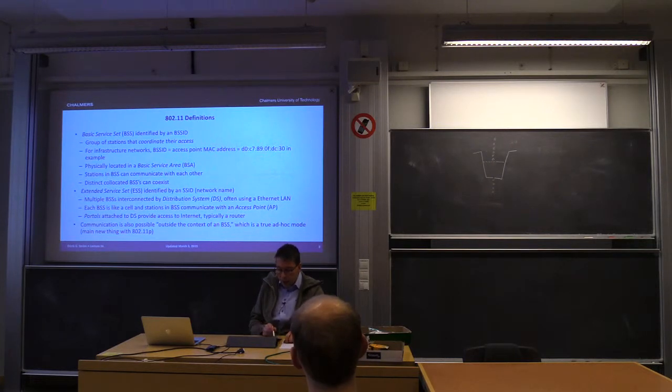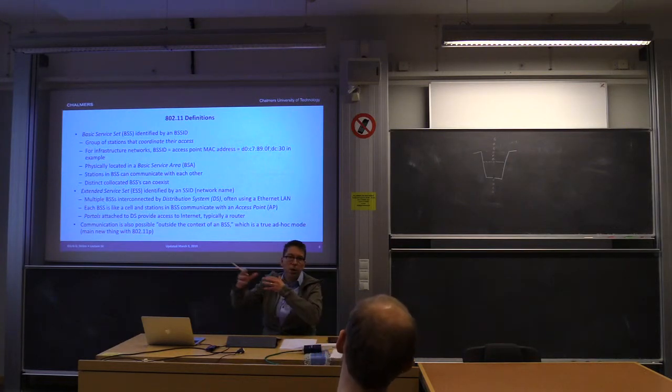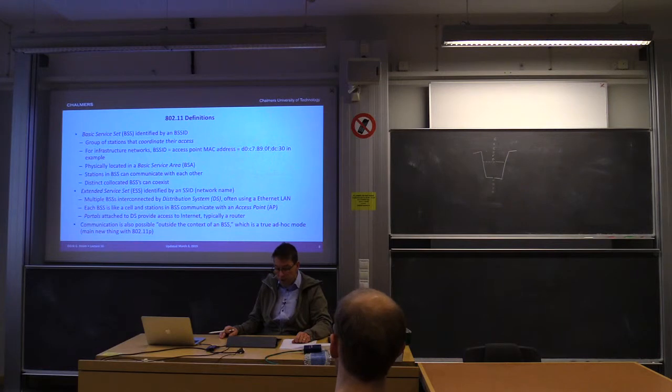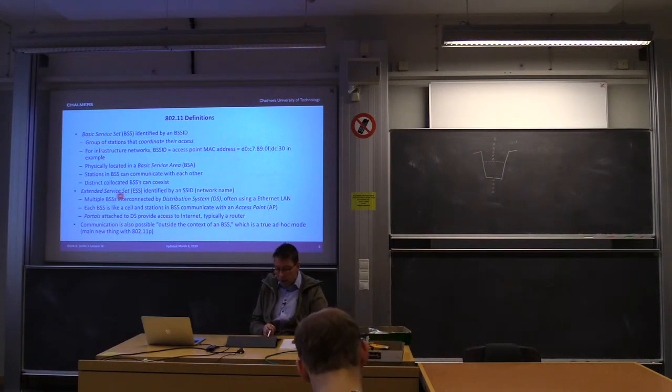Okay, now these basic service areas could be fairly small, so if you want to cover an extended area like a campus or a big building, you need many of these access points. So you connect all these access points into a bigger entity called an extended service set, ESS.